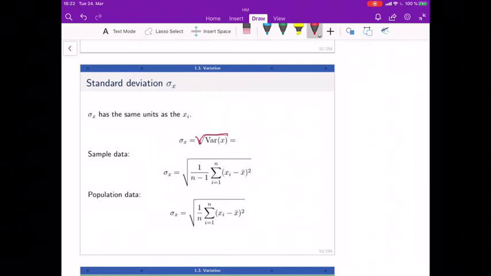So that's the standard deviation. Standard deviation, commonly written as sigma, is just the square root of the variance. And obviously it comes as sample standard deviation and population standard deviation, same formula: sample dividing by n minus 1 and population dividing by n.